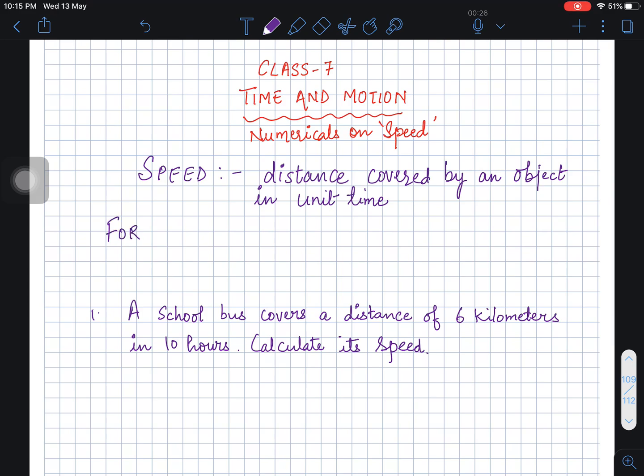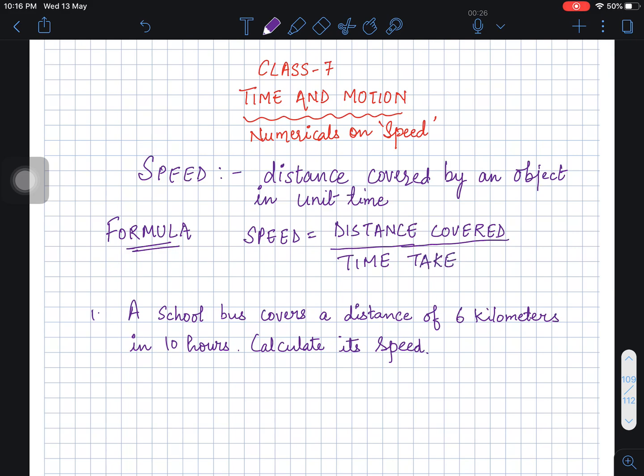And the formula for speed is equal to distance covered upon time taken. Distance covered is whatever distance the body has traveled, and the time is what the body has taken to travel that distance.